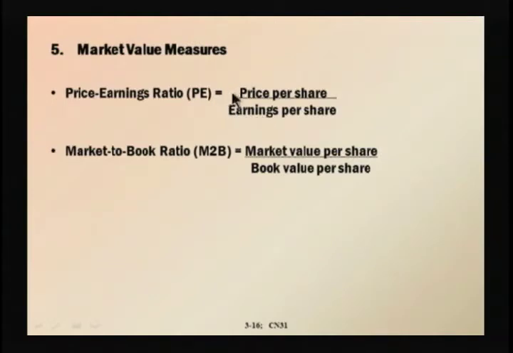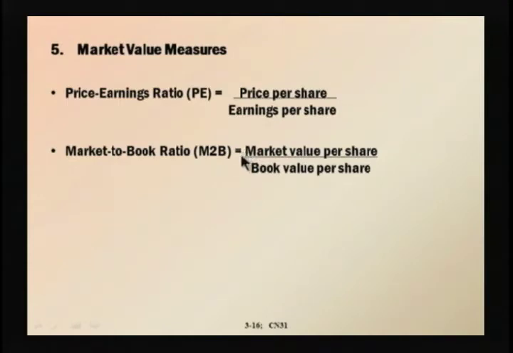If a firm sells at a relatively high price earnings ratio, say 30 times earnings, you can imagine it would take 30 years for it to generate enough earnings to justify the purchase price. And so the market is putting sort of a premium value on that versus a firm that only sells at 5 or 7 times earnings.